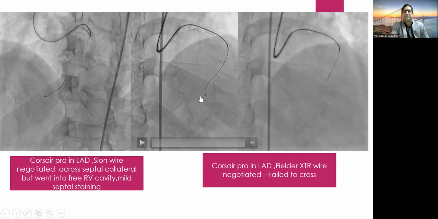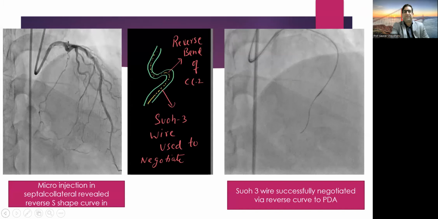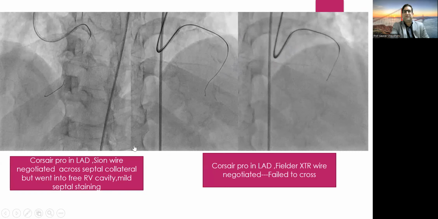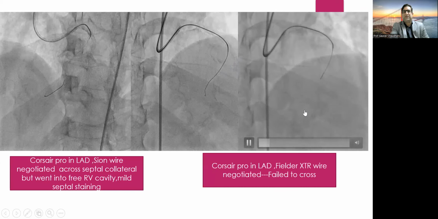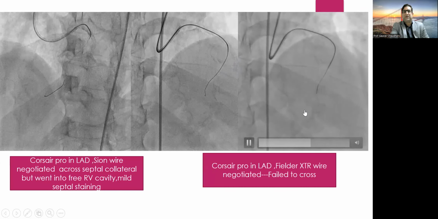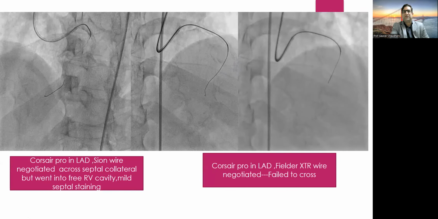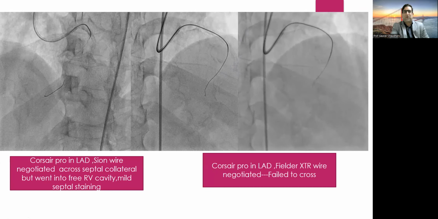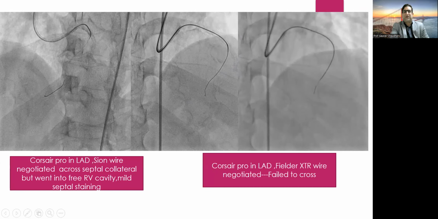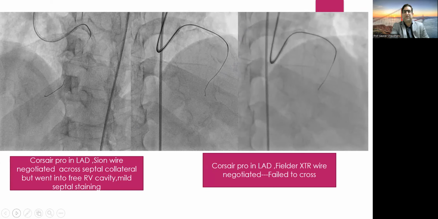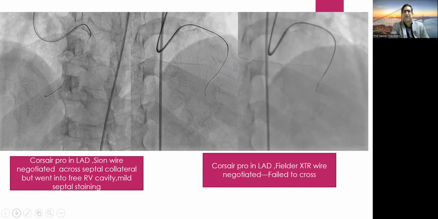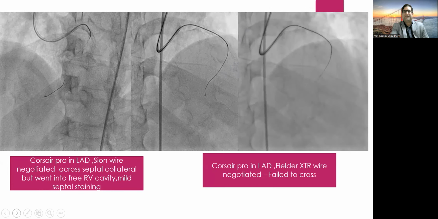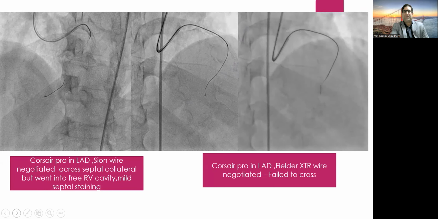Then we tried to negotiate the mid septals, as you can see in this image. Across the jailed septal, the microcatheter was negotiated across the struts of the LAD stent. Even without dilatation, the catheter went in a smooth fashion, and we tried the Fielder XT wire to go through the septals.